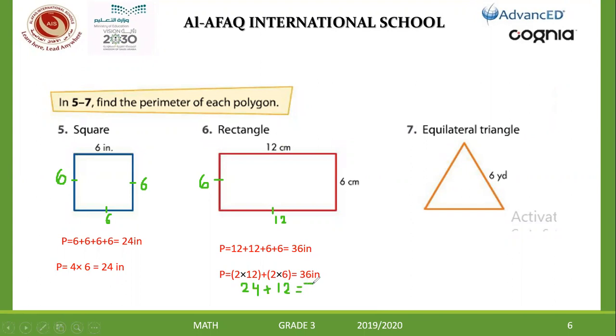If you add ones together and tens together, you will get 36, and use the same unit: 36 inches.